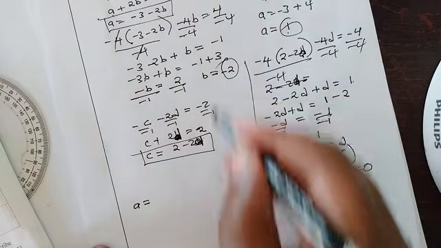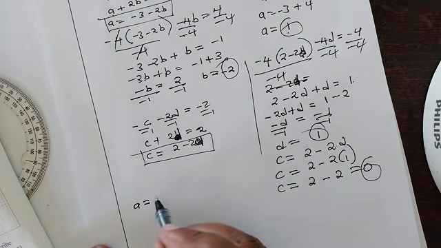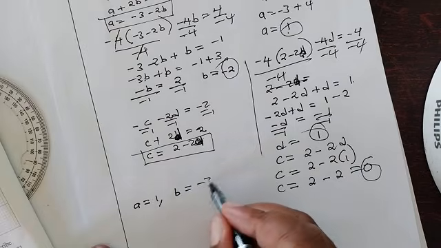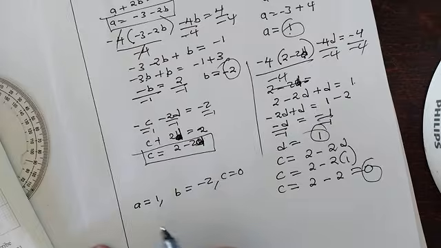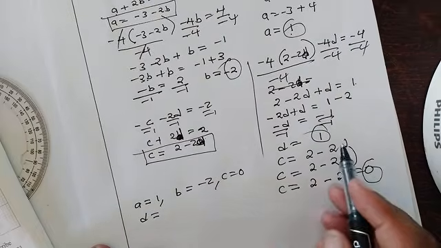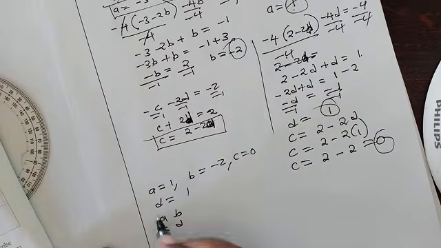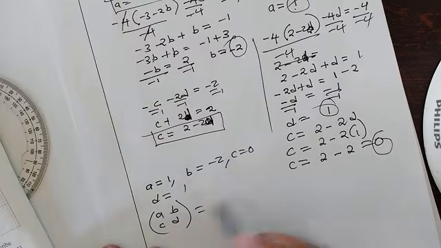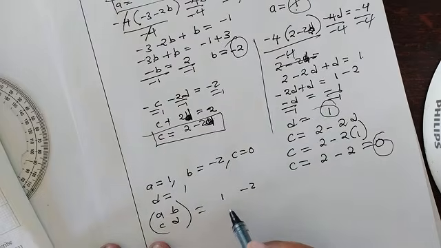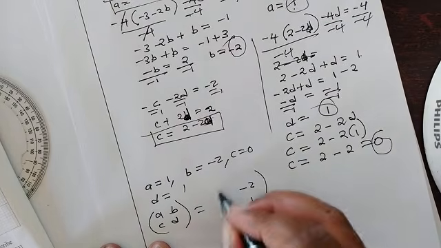B is negative 2, C is 0, and D is 1. And we said our matrix should be A, B, C, and D. So what is our A? 1. Negative 2. C is 0. And this is 1. So this is our matrix.